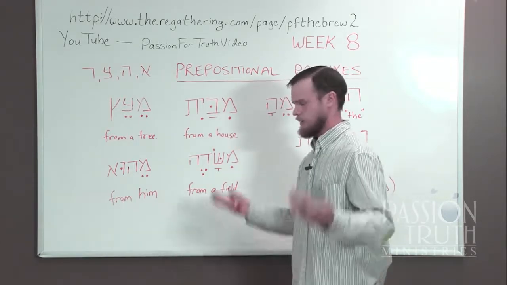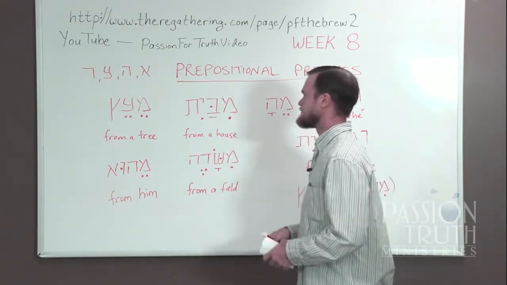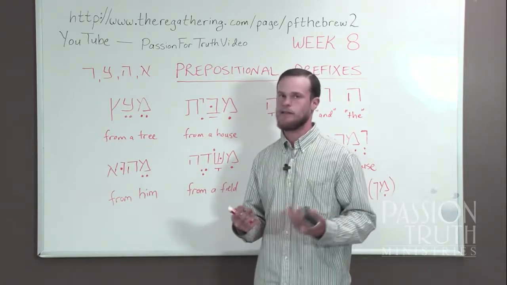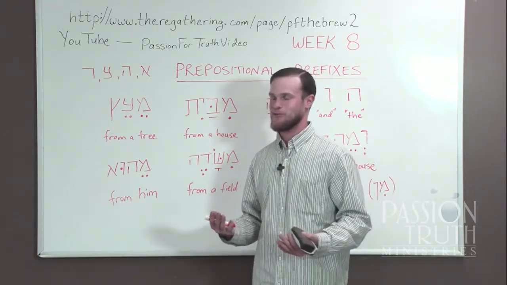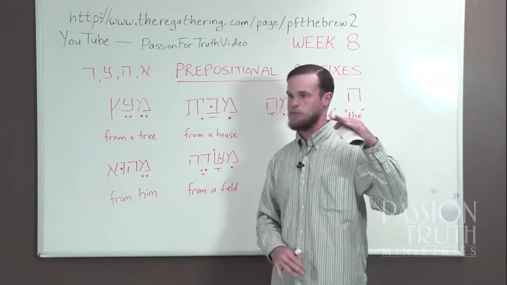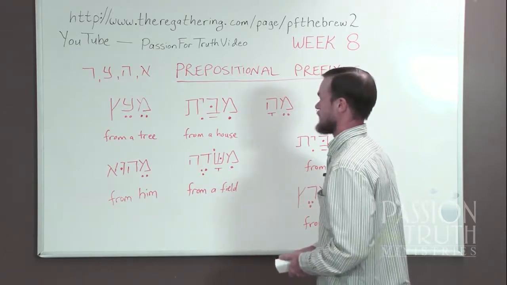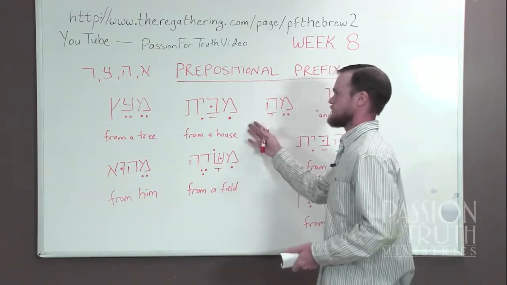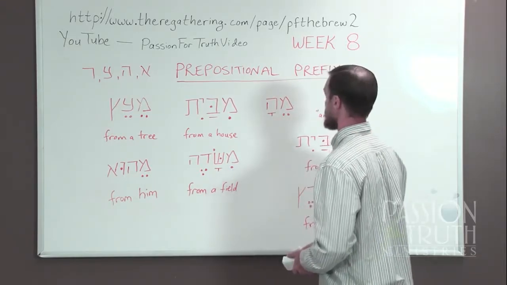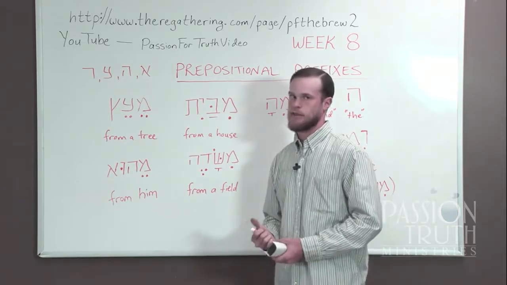They say, something's wrong here. But the problem they're encountering is that the Strong's Concordance lists everything in order of root. So they don't list every single permutation because it would be about 10 times as thick if they did. So that's why the rules are important. That's why it's good to know these prepositional prefixes. They're pretty well essential to reading the Hebrew text.